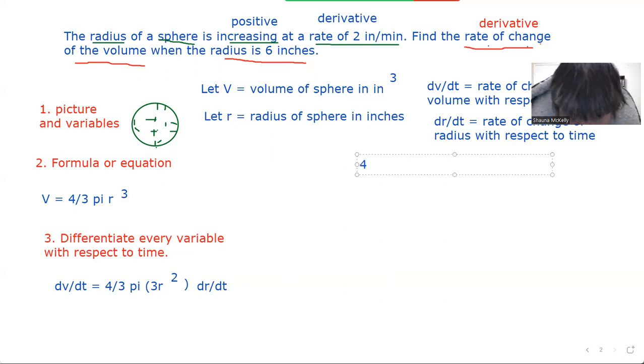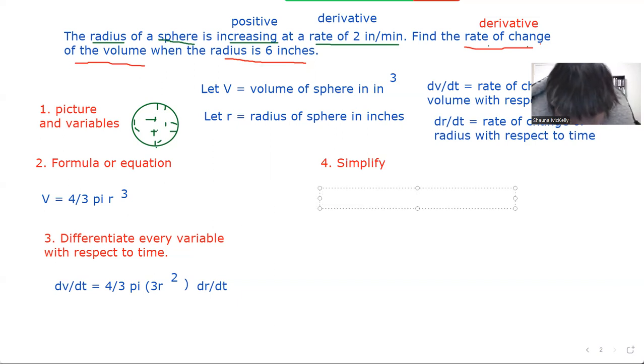So step four is to simplify my equation. You may have to rewrite some stuff. You may have to substitute some values. It may be a lot of things, but I like to try and simplify as much as I can.